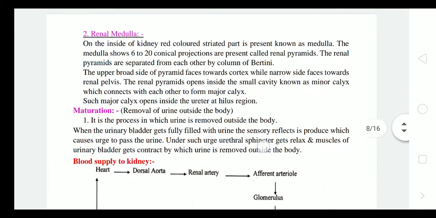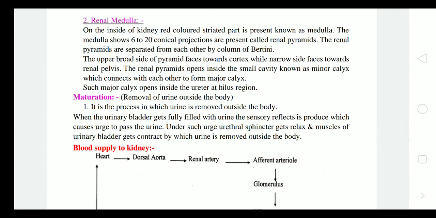Renal medulla. On the inside of the kidney, a red colored striated part is present, known as the medulla, which shows 6 to 20 conical projections called renal pyramids. These pyramids are separated from each other by the columns of Bertini, which are present in between them.